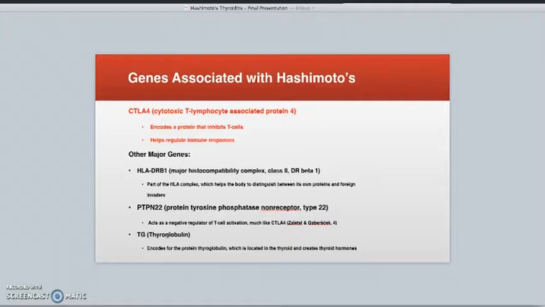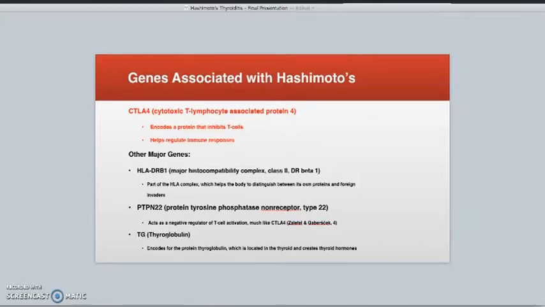There's other genes that have been associated with Hashimoto's. There's HLA-DRB1, which is part of the HLA complex. The HLA complex specifically helps the body distinguish between its own proteins and foreign proteins. So when that breaks down, then the distinguishing between the two starts to get a little fuzzy.